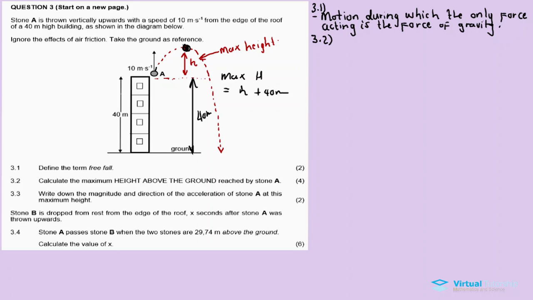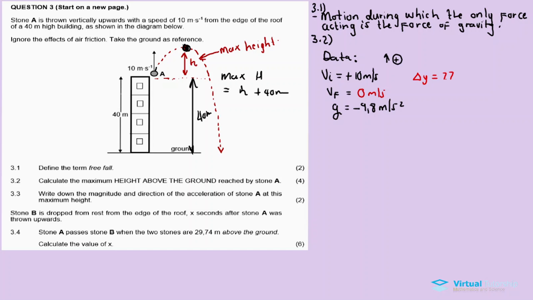Choosing the upward direction as positive, we want to find delta y, or the small letter h, which is the maximum height reached by the ball when thrown from the edge of the building. Initial velocity is 10. Final velocity: we know that at the maximum height the velocity will be 0 meters per second. Gravitational acceleration is always 9.8, but in our case it's negative because we chose up as positive.